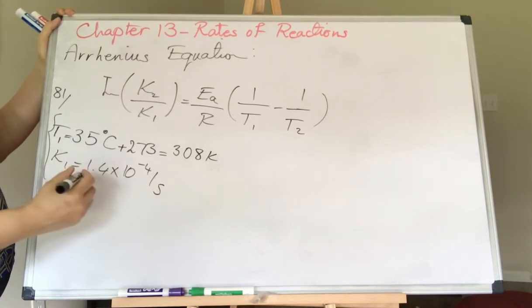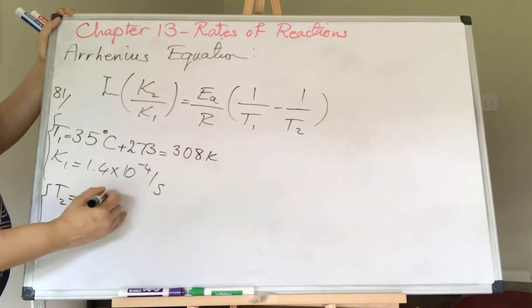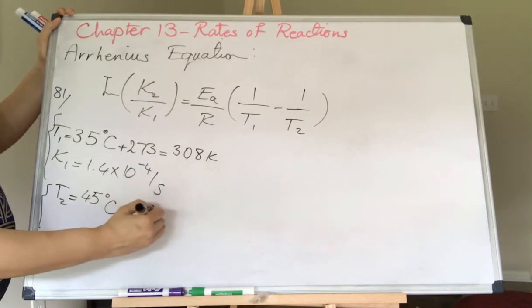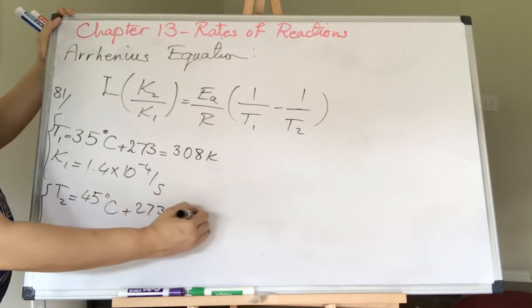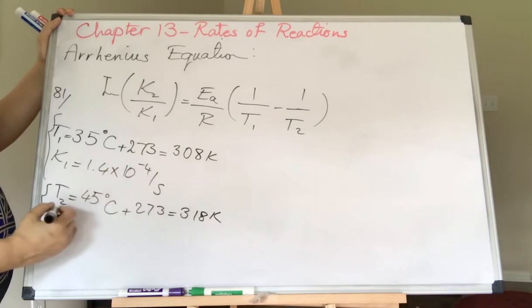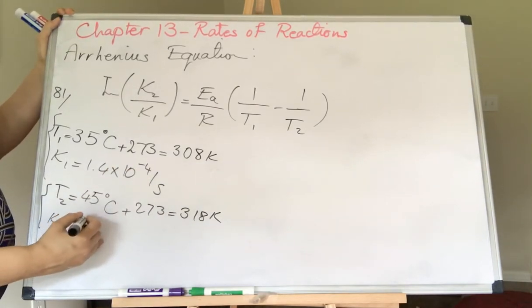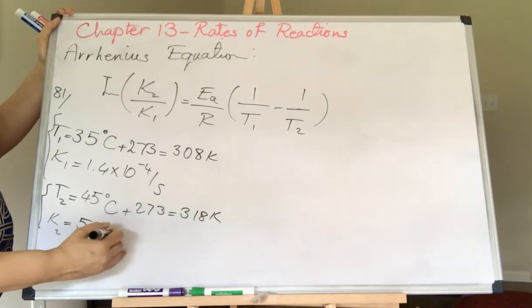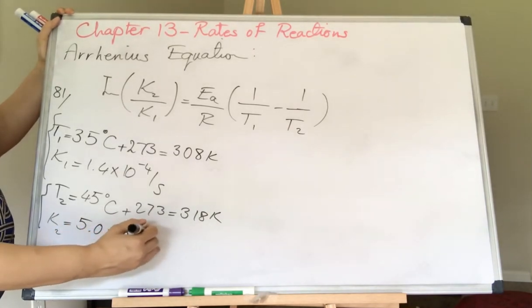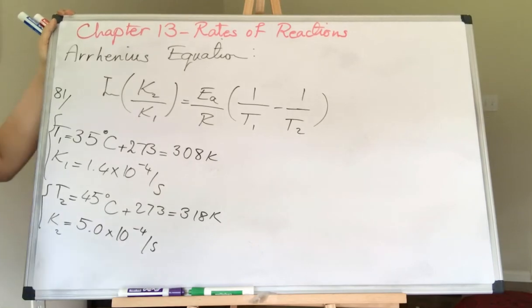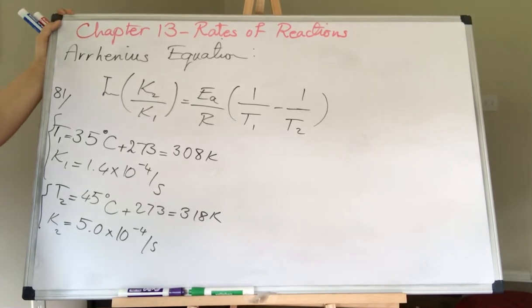T2 is 45 degrees Celsius. We add it to 273, which is 318 Kelvin. And K2 is 5 times 10 to negative 4 per second. So we are looking for the activation energy and then the value of rate constant at 55 degrees Celsius. So let's plug it into the Arrhenius equation.